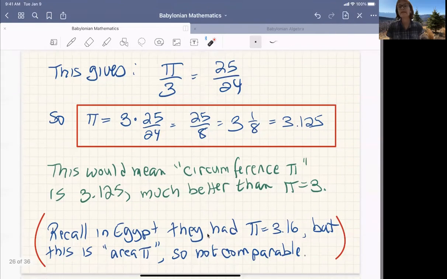And then again, in Egypt, they had 3.16, which was also a pretty good estimate, but that was the area pi. So we cannot say that one or the other had a better value of pi because they were doing different calculations. One is the ratio of the area to r squared, the other is the ratio of the circumference to the diameter.